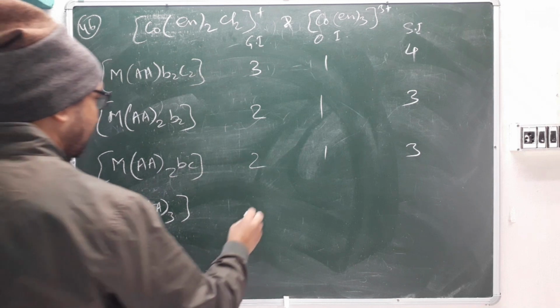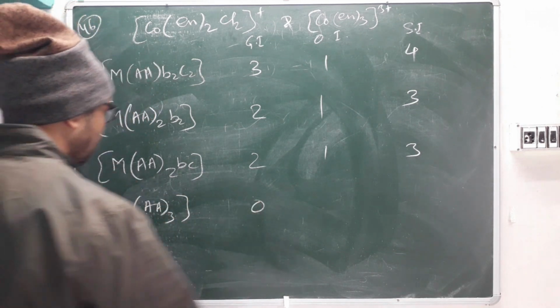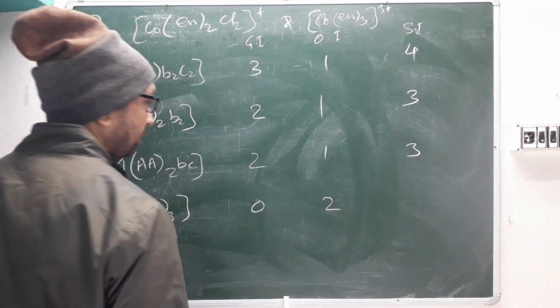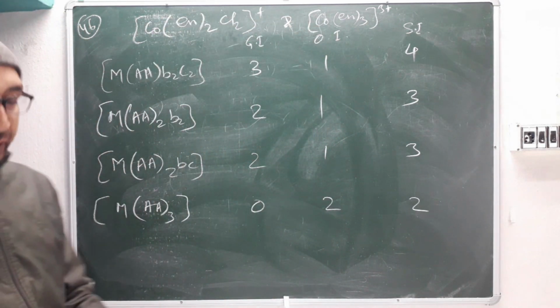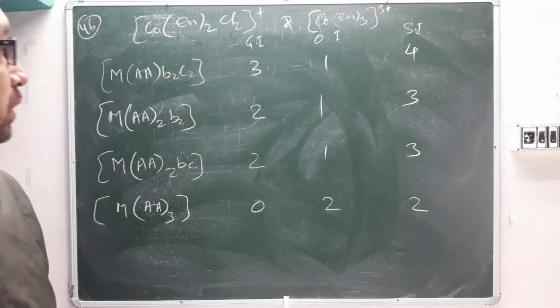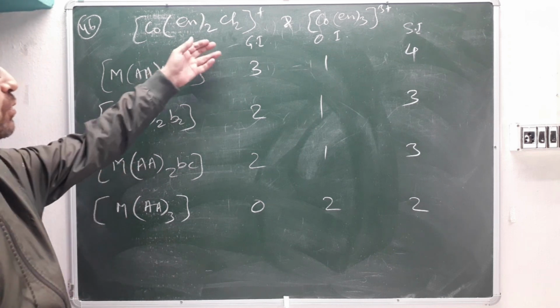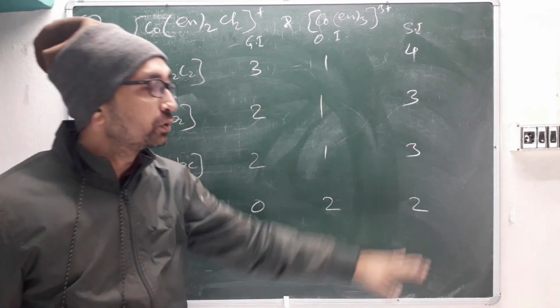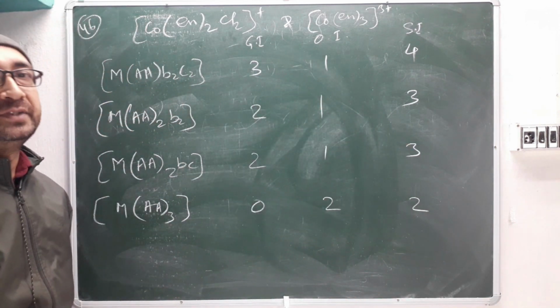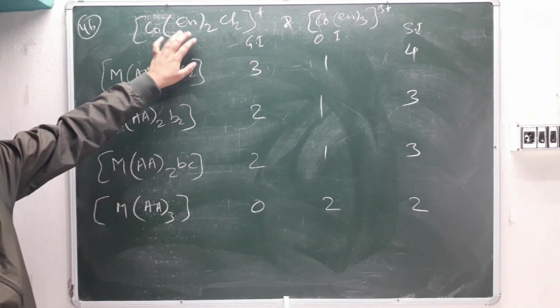So how many will be there? 0 geometrical isomers and 2 optical isomers will be there, so total 2, right? So you have to see how this condition also works. Now directly, no need to solve, I guess you will get it here itself, right? So write this chart down somewhere, because if they ask this type of question, you just have to convert this one.